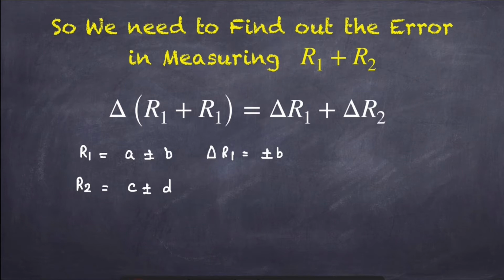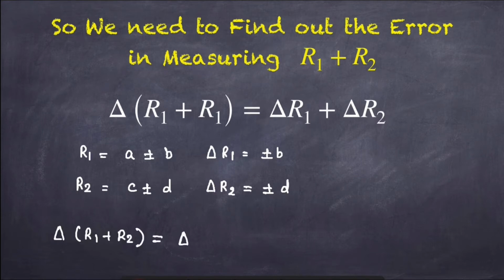So the absolute error of R2, delta R2, will be equal to plus minus D. That means the absolute error in measuring the value of R1 plus R2 will be equal to the absolute error in R1 plus the absolute error in R2.